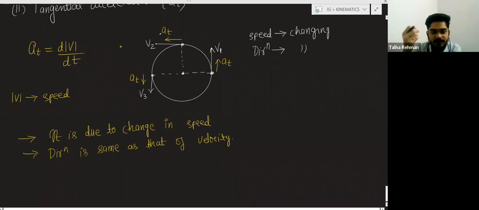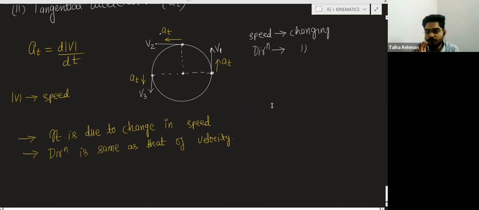Here your velocity is in this direction, so tangential acceleration is in this direction. Here your velocity is in this direction, your tangential acceleration is in this direction.